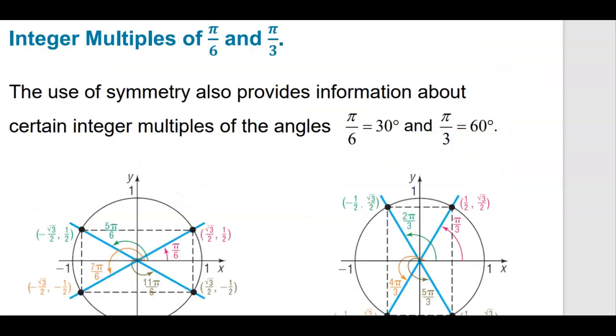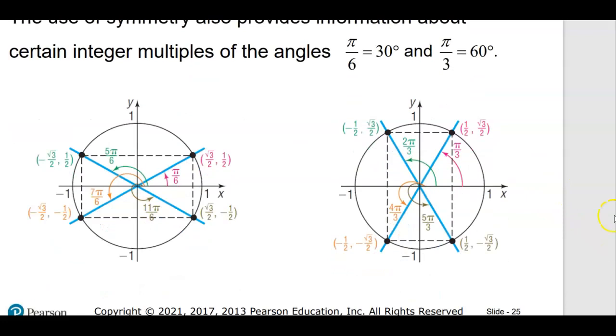Now it's time to look at the integer multiples of pi sixths and pi thirds. Okay, so once again, using this idea of symmetry that we talked about when we were doing the multiples of pi fourths, I can reason that these are going to be similar.